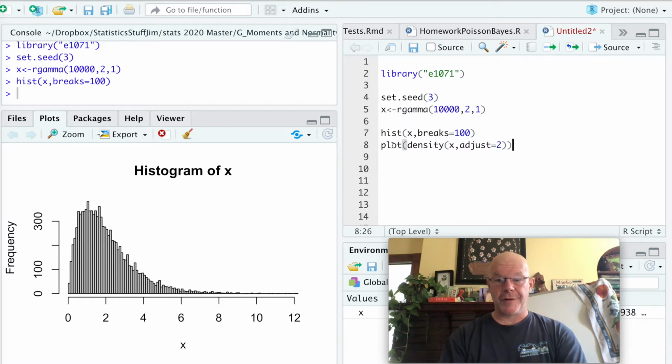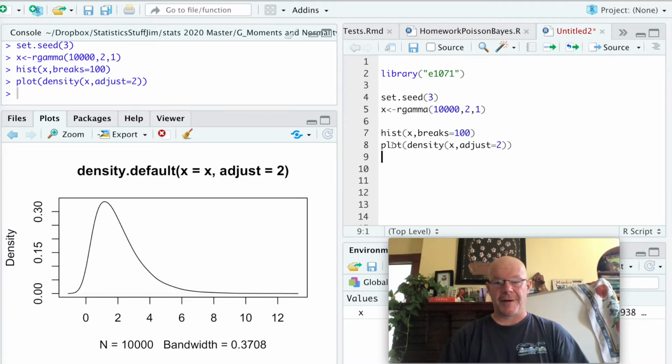That's just the smoothing kernel for how it's drawing the curve. Again, these are little details that you really don't have to sweat. I just wanted to explain what my code meant because I was really keen on making this beautiful, beautiful little picture here.